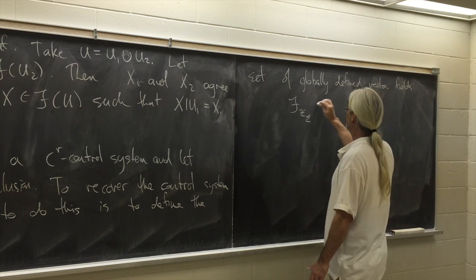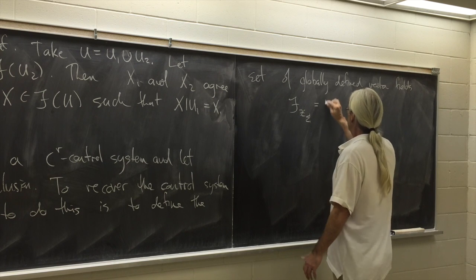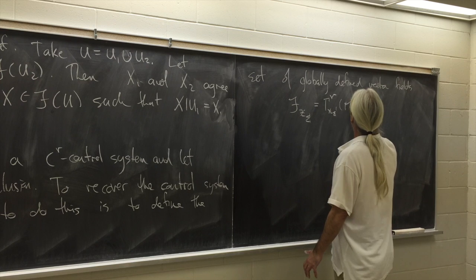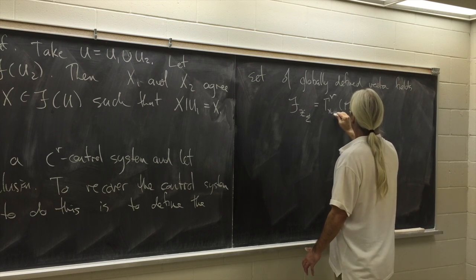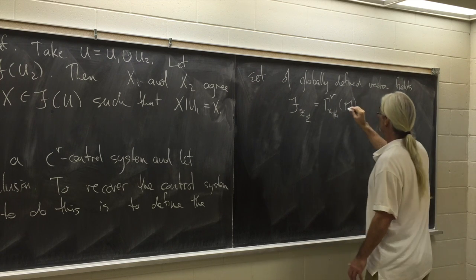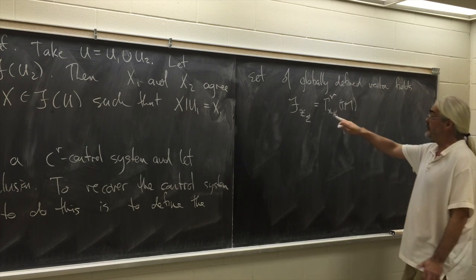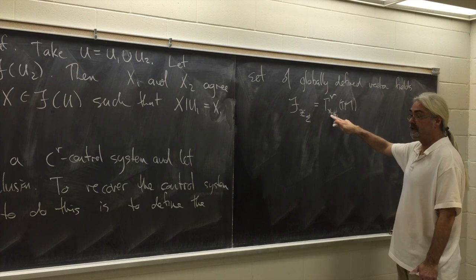So what's the set of vector fields going to be? It's going to be just the set of global vector fields which take values in the differential inclusion at every point.